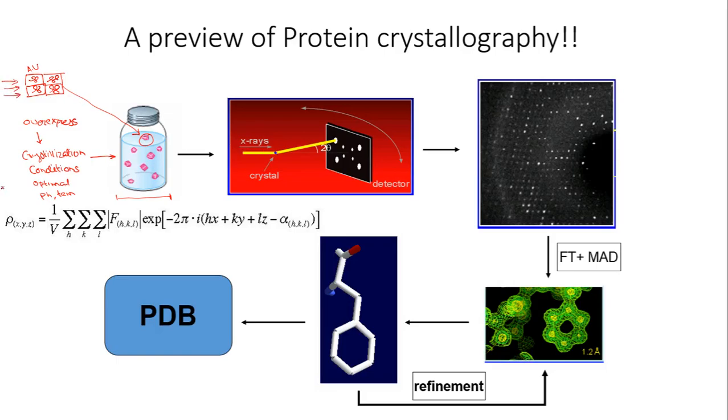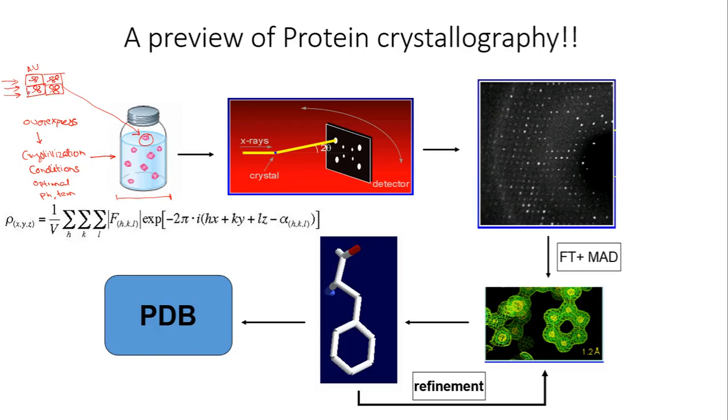crystals to X-rays. Okay, so now you are not exposing a single protein molecule to X-rays. What you are exposing is multiple protein molecules that are arranged periodically around each other in the crystal, to the X-rays.